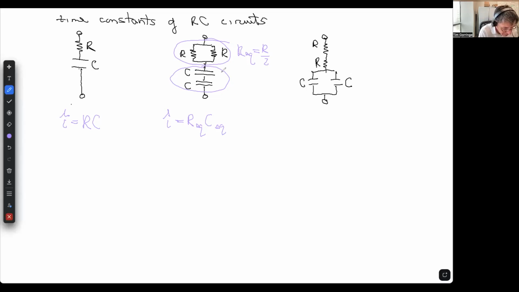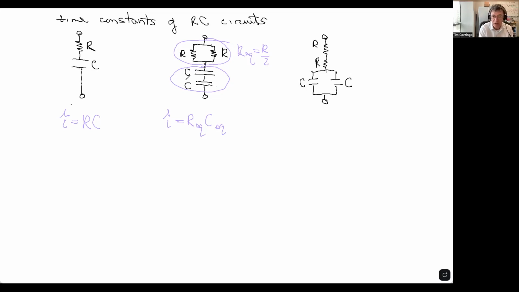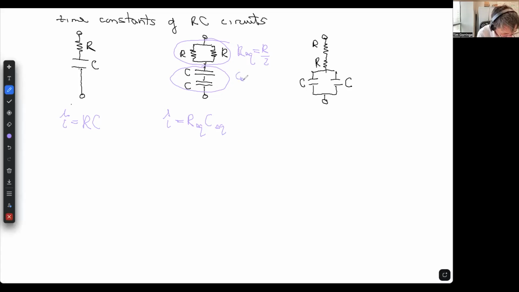So in this case, again, we're lucky we got two identical capacitors. The sum of the inverses of the capacitances is 1 over C plus 1 over C. 1 over C plus 1 over C is going to give us 2 over C. That's the inverse of the equivalent capacitance. So the equivalent capacitance itself is going to be C over 2. So again, we made a smaller capacitance, kind of like we made a smaller resistance here.